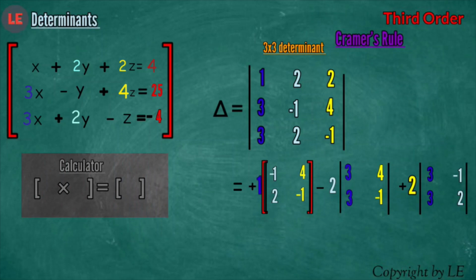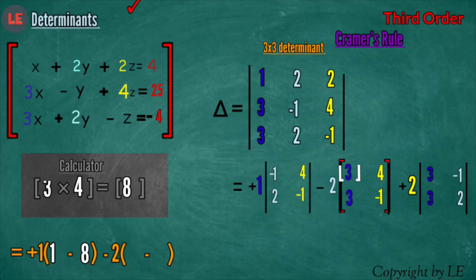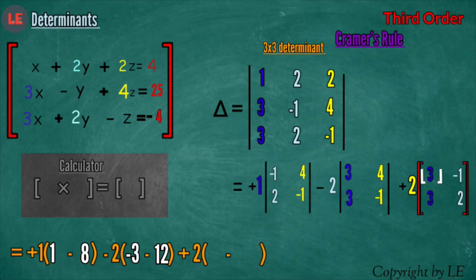We start with this group, this number times this number, minus, this 2 times this 4. Then, on this group, this 3 times this negative 1, minus, this 3 times this 4. Now this last group, this 3 times this 2, minus, this 3 times this negative 1.